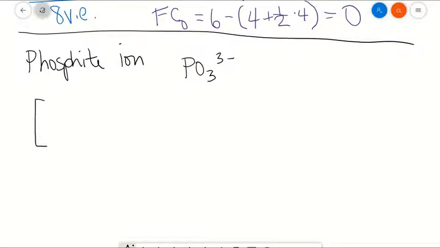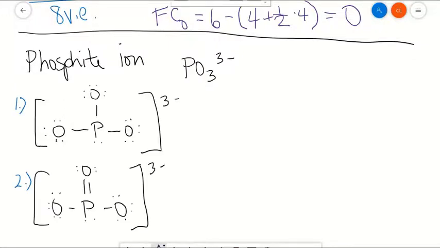So here are the drawings of the phosphite ions. Here are the 2 drawings that you have on your handout, and we are going to calculate the formal charges for each element in each structure of the phosphite ion, and then we're going to take a look at the formal charges and see which one is the best one.